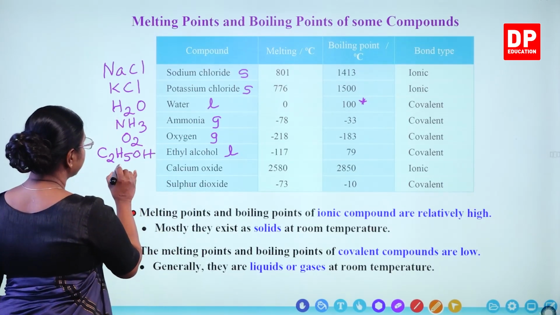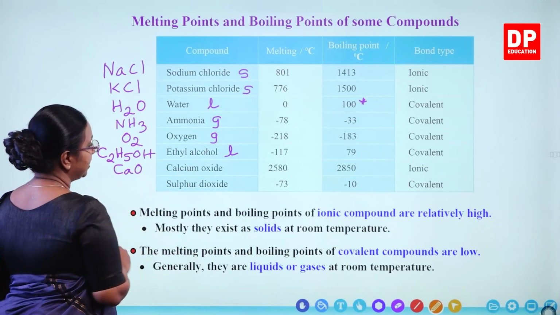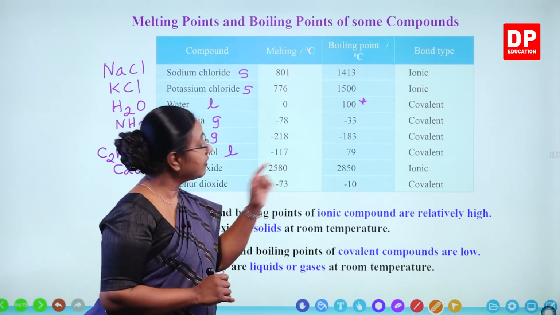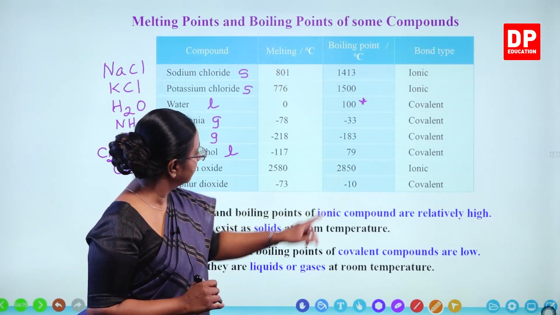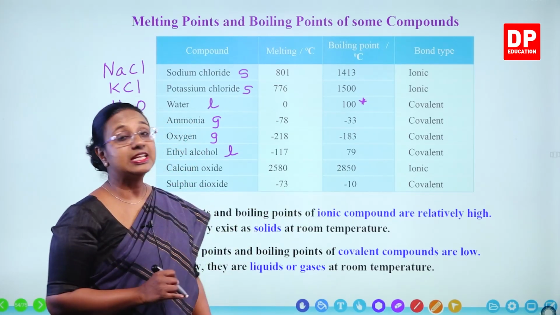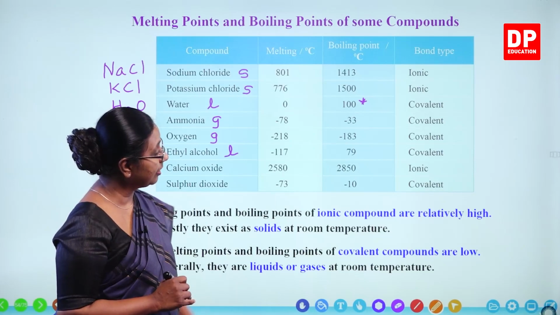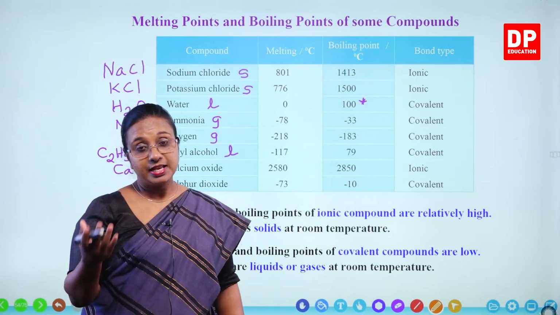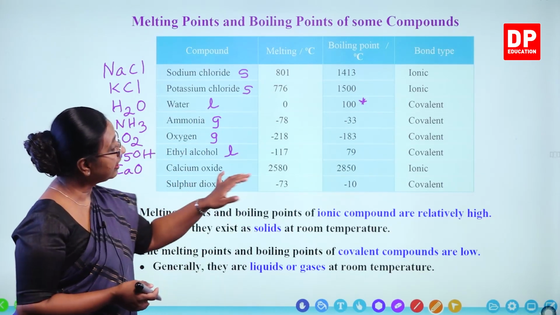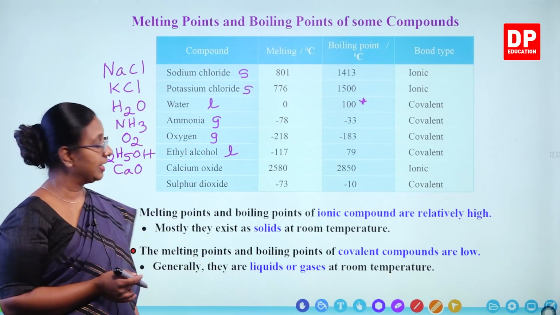Then calcium oxide, CaO, 2580. That is the melting point, and 2850 is the boiling point. Again, you can see it's an ionic compound. Ionic bonds, ionic compound, so very high melting and boiling point.